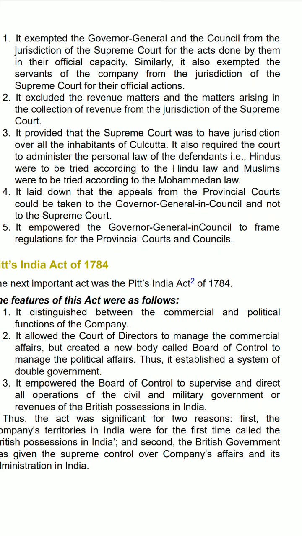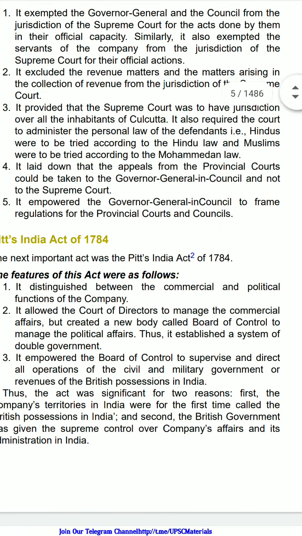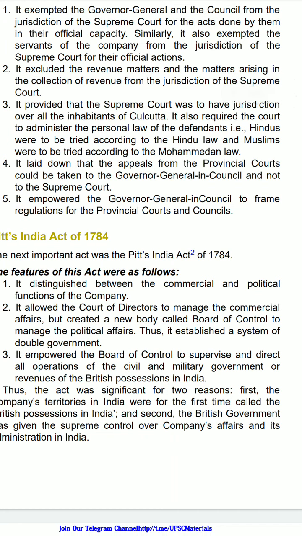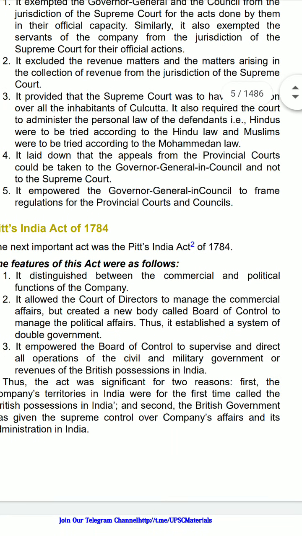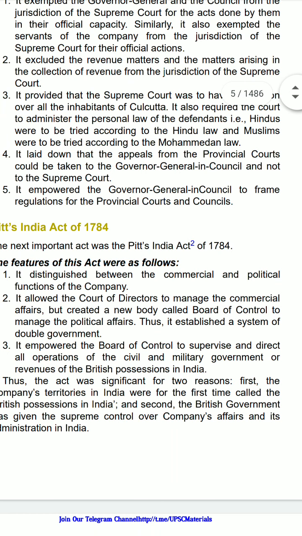It excluded the revenue matters and the matters arising in collection of revenues from the jurisdiction of the Supreme Court. It provided that Supreme Court was to have jurisdiction over all the inhabitants of Kolkata. It also required the court to administer the personal law of the defendants, that is, Hindus were to be tried according to Hindu law and Muslims were to be tried according to Mohammedan law.